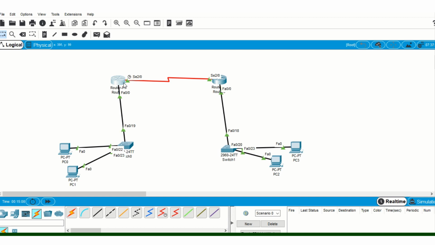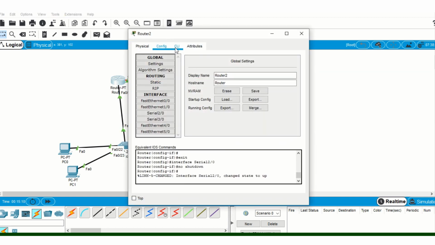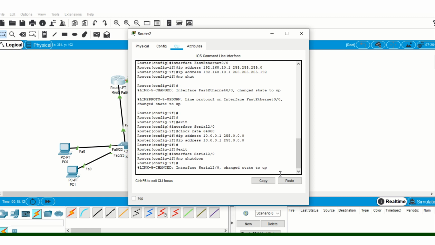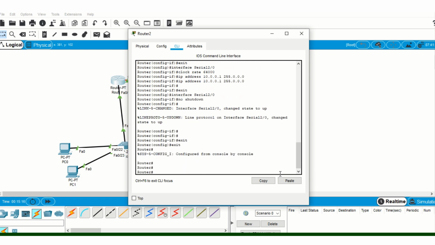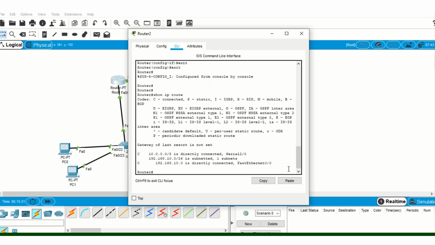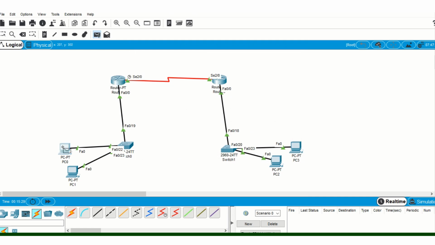So subnetting is done. Now you can check the routing table here. Exit, show IP route. So you can see the subnet information here. It's a /26 network. Now still the packets will not be delivered.